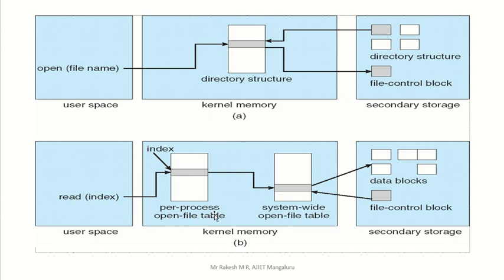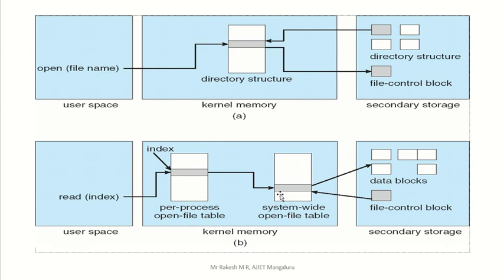They are already opened. So read will send a request to the per process open file table. I told you what per process open file table means. There is related information about that particular opened file. You know the difference between per process open file table and system wide open file table. Here we have only one file's information, whichever is open or working.